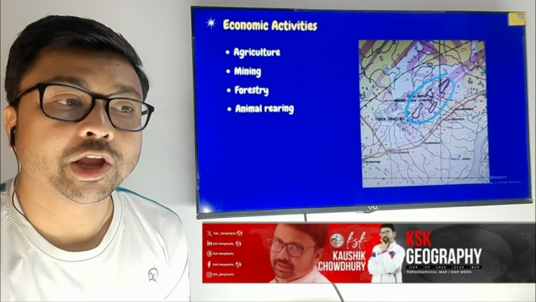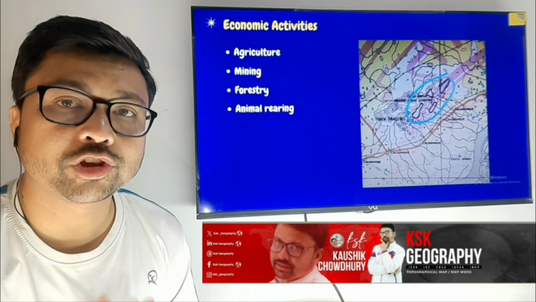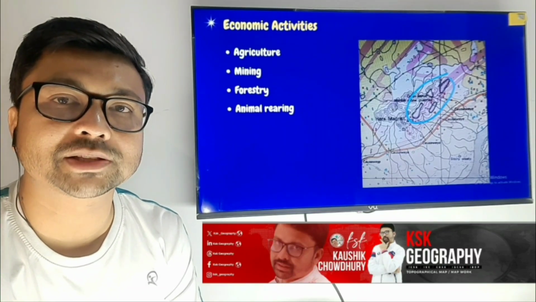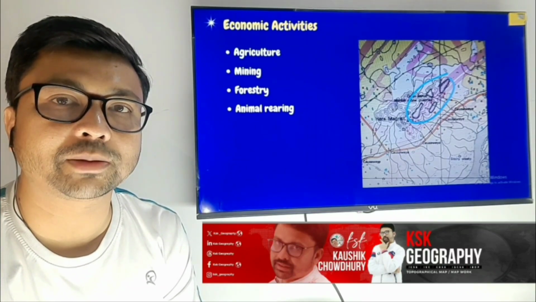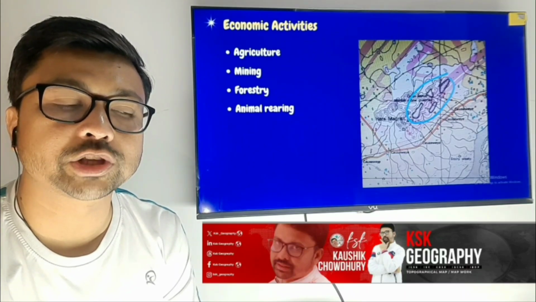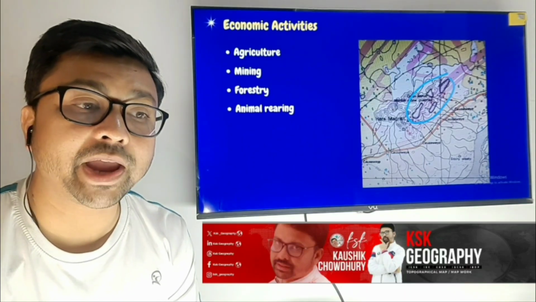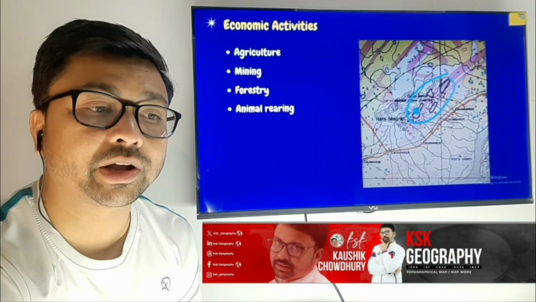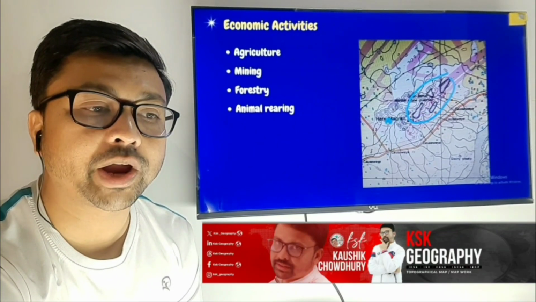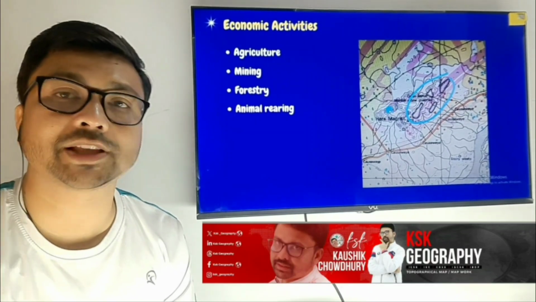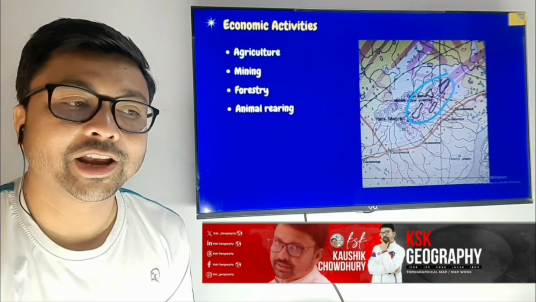Next one, the economic activity. How will you identify the economic activity? If we see yellow color patches in the topographical map, it means agriculture is the main economic activity, and you will also see canals, aqueduct, sluice, all those things. Next, mining. Here you can see the symbol given, and where it is written marble stone quarry or sandstone quarry, it means mining is the main economic activity here.